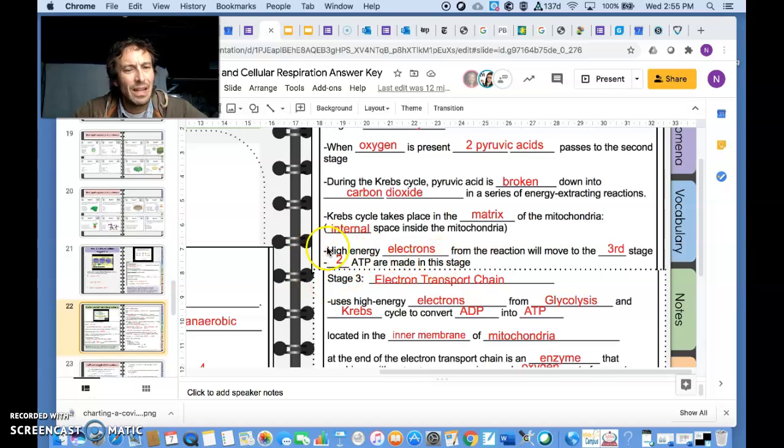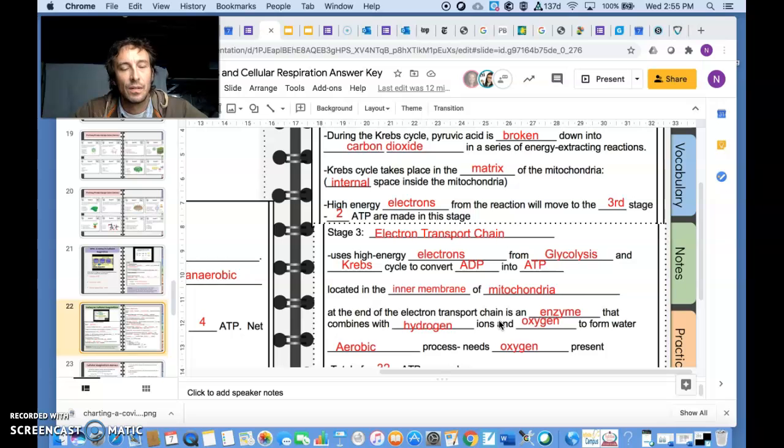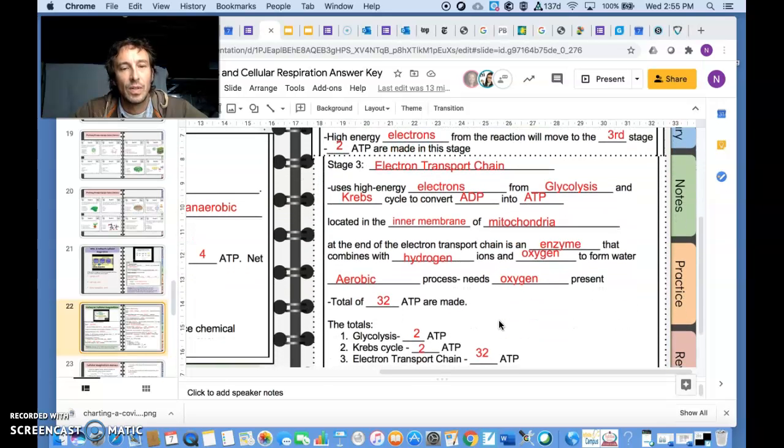So again, you're not making a lot of ATP yet, but you're setting the stage with these electrons to be able to make a lot more ATP in the final stage of cellular respiration. And that's often referred to as the ETC, or the electron transport chain.